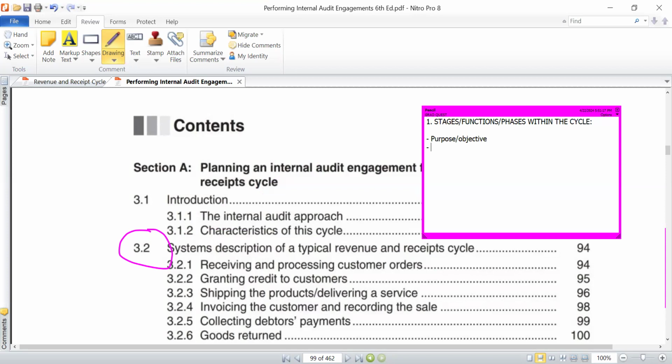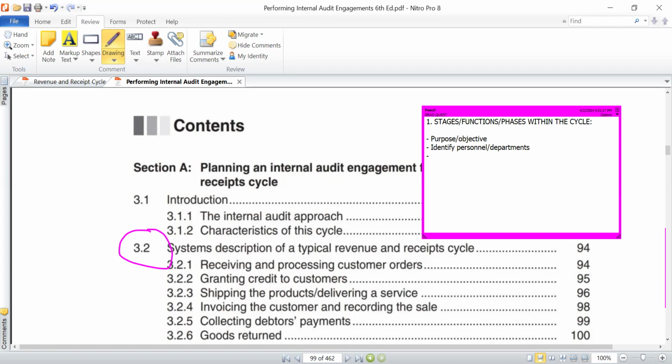That's number one. Number two, you should be able to identify, all right, personnel, or should I say people involved, and under normal circumstances, you can also classify them into departments within the organization.